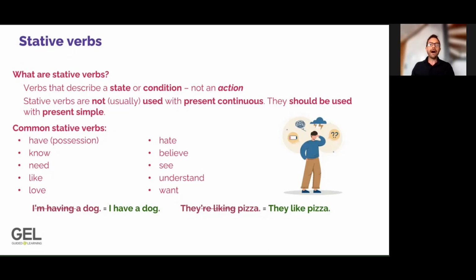When we are talking about liking or like something, again, we don't use the continuous form usually. We would use present simple. So if we're talking about pizza, they like pizza. So when we have a state verb, we are going to use present simple, and we do not use present continuous in order to describe these things.